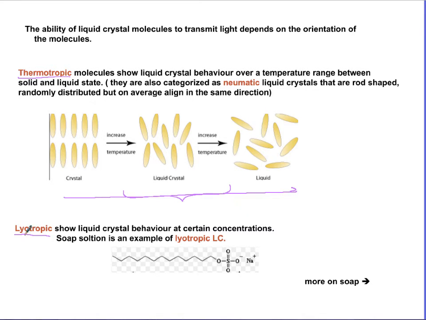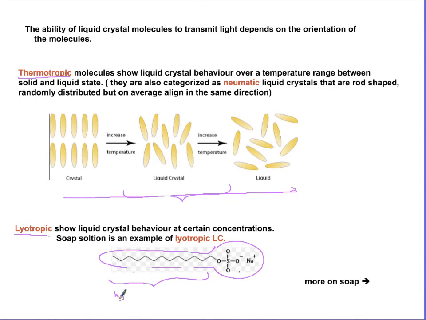Then the second category is lyotropic, and you need to know this vocabulary. Lyotropic are those LC molecules that change behavior when their concentration is changed. For example, a soap molecule is a great example of that. Now, a soap molecule has a hydrophilic head because it's ionic, so this side likes water, and it has a hydrophobic tail because it's hydrocarbons and doesn't like water.